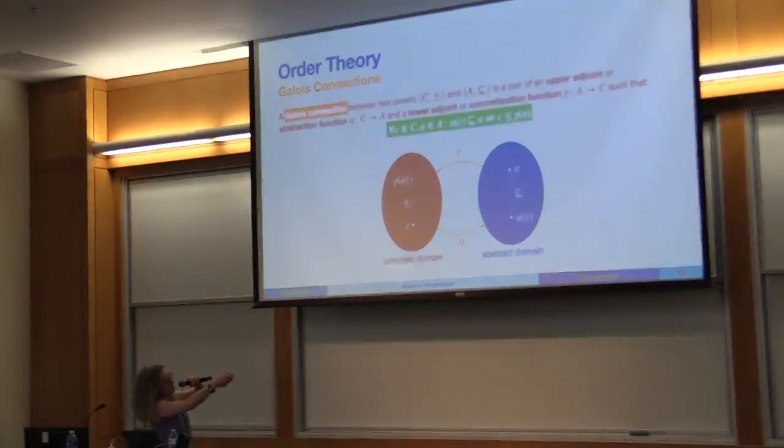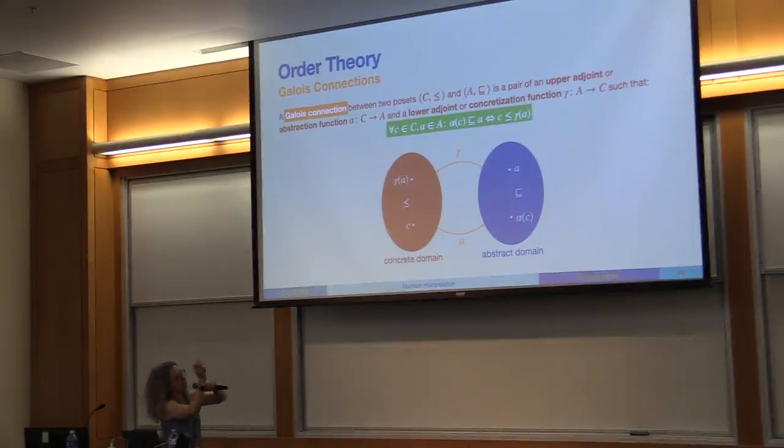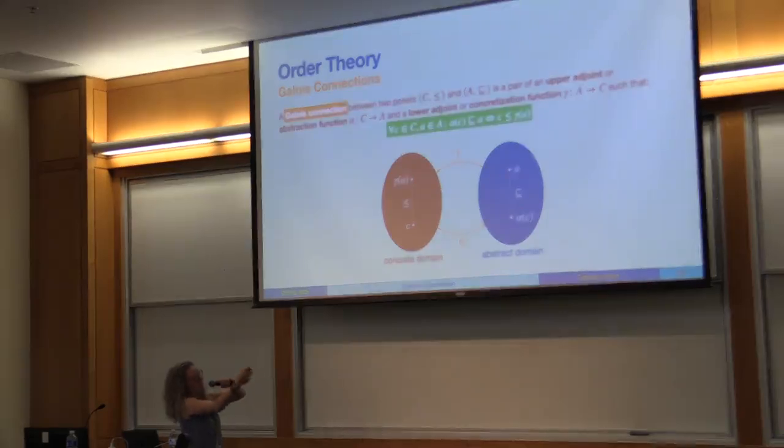You take any two elements in these two sets. This is called the concrete domain. Most of the time, this is the abstract domain. Sometimes you have a sequence of concrete domains before you get to the actual abstract domain, but it doesn't matter. If you take any two elements here, and you abstract your concrete element C, the abstraction will be smaller than your abstract element, and vice versa.